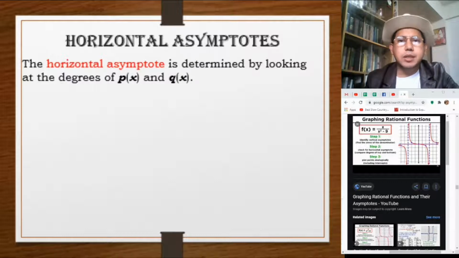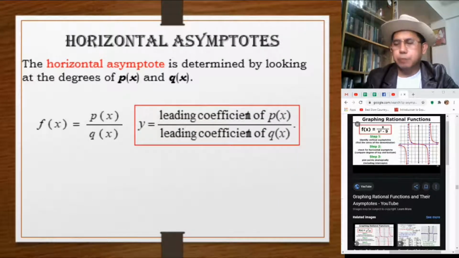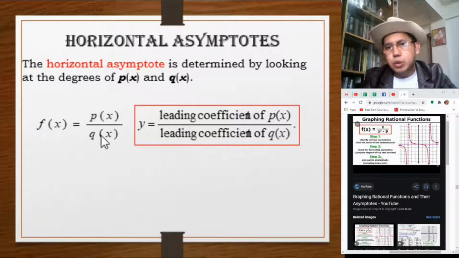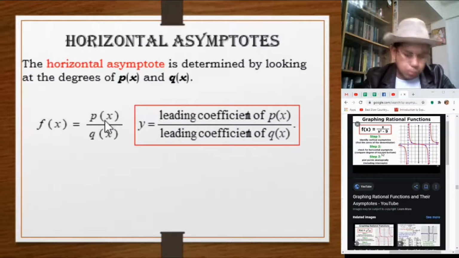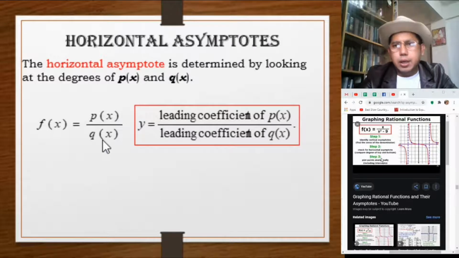So it says in here, horizontal asymptote is determined by looking at the degrees of the p of x and q of x. But we have to consider this illustration. You will notice in my illustration, p of x is a polynomial, which is the numerator of the rational function. Q of x is the denominator and is also considered to be a polynomial.